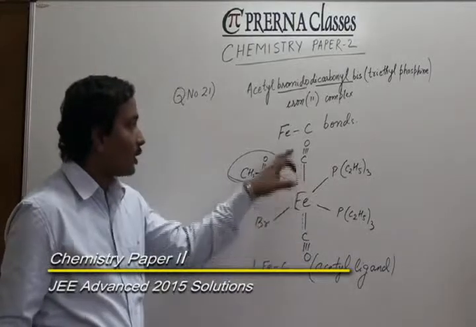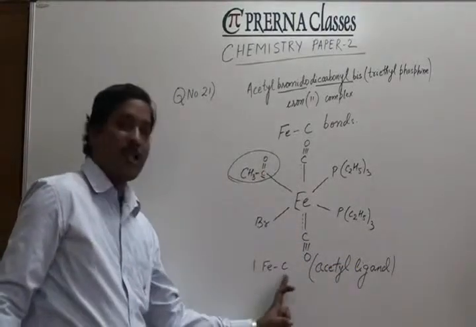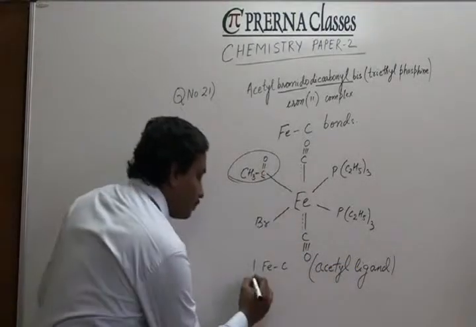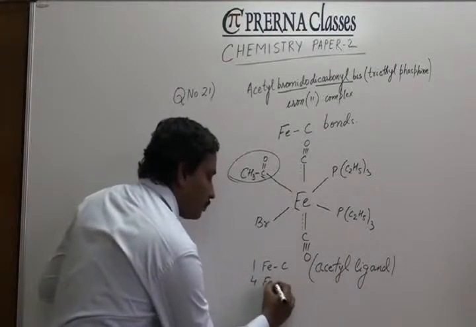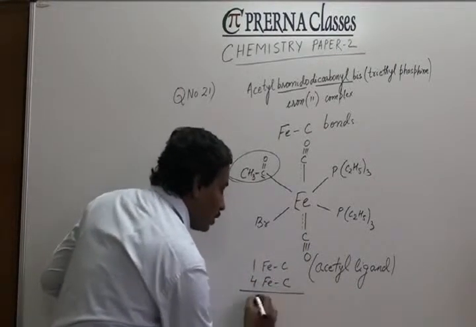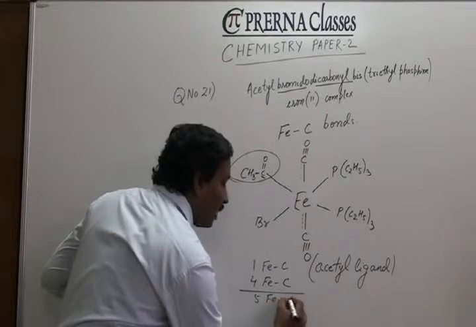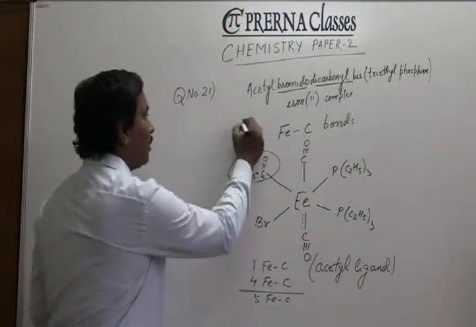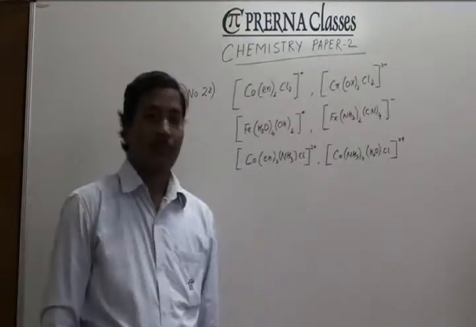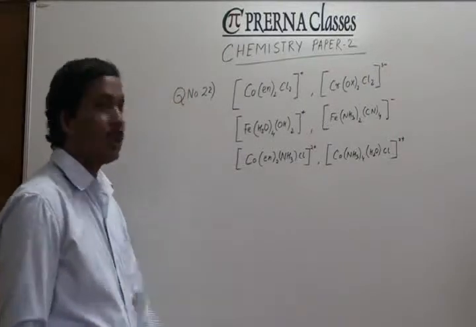So two molecules of CO produce 4 Fe-C bonds. Total bonds are 5 Fe-C bonds. Therefore the answer is 5.